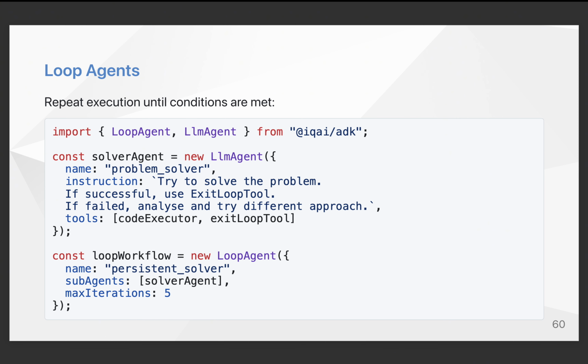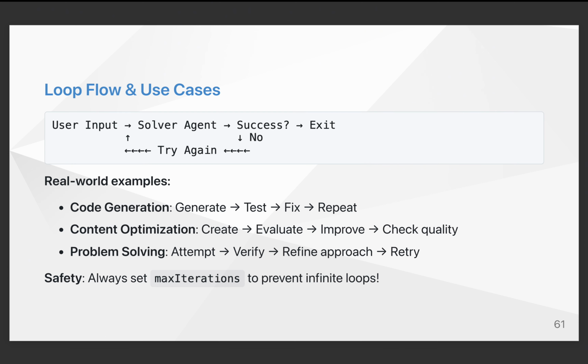The loop agent wraps this solver with a maximum of 5 iterations for safety. This flow creates a feedback loop. Solver attempts the task, checks if it's successful. If yes, it exits. If no, it analyzes what went wrong and tries again up to the maximum iterations.